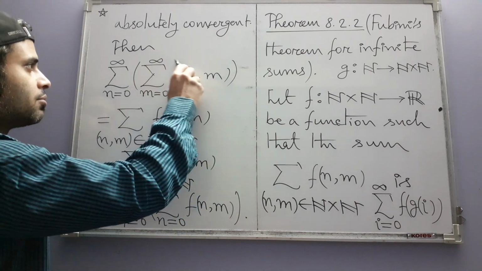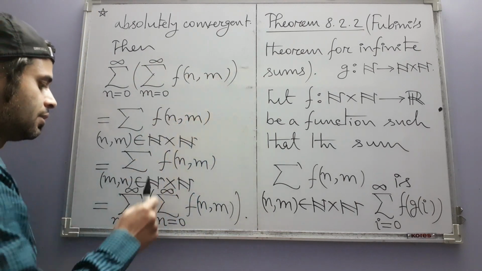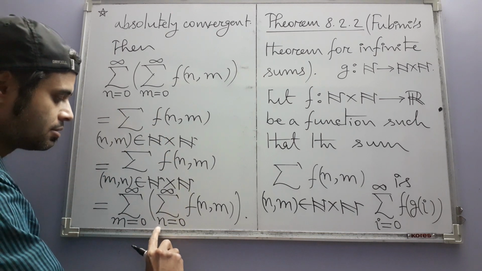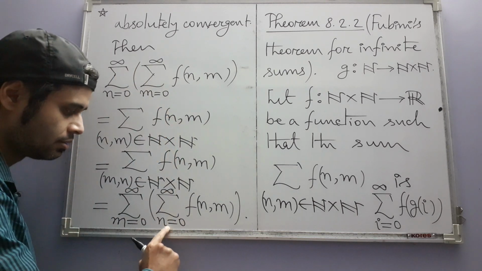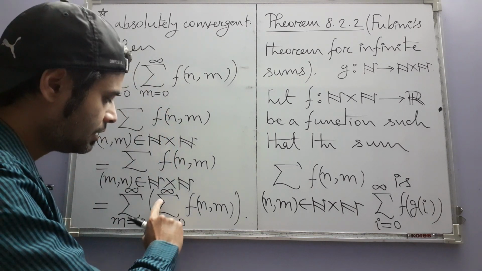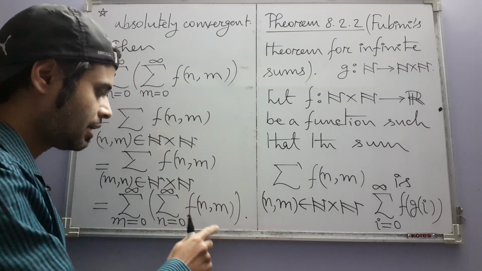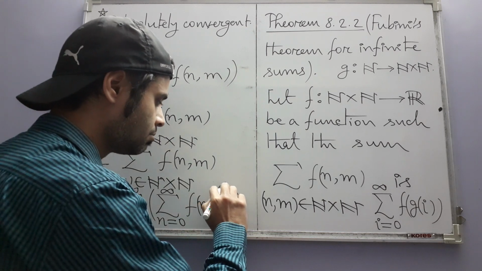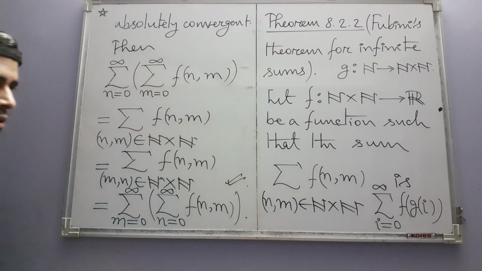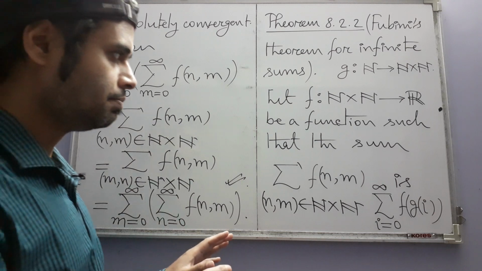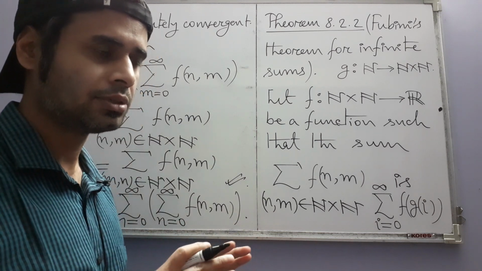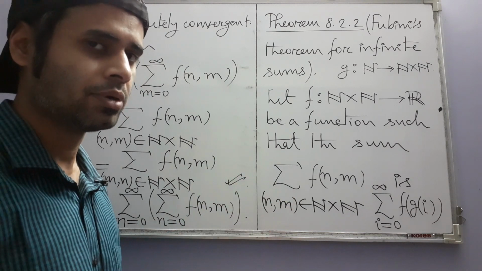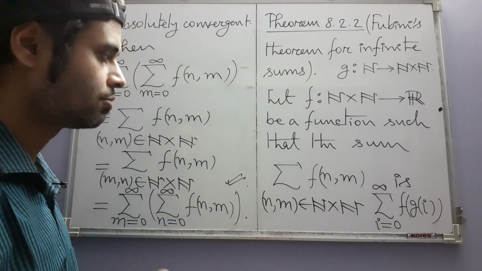But say this sum is pretty difficult to perform. If somehow you are able to switch the order, and now say this outer sum, which here has become the inner sum, is easier to perform, then you can get your job done quite quickly and easily. So that's why Fubini's theorem is quite important. Its proof is not going to be elementary, it's going to be a little lengthy and somewhat difficult, but we will go through it step by step systematically, so don't worry about that.